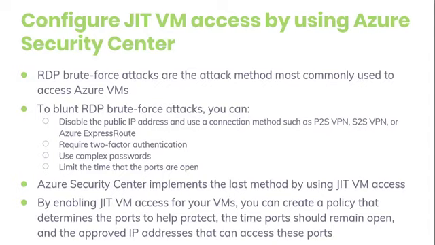This is not the most sophisticated form of attack, but it's relatively simple to perform and, given enough time, it works. To prevent the Remote Desktop Protocol brute force attack, you can take multiple measures such as disabling the public IP address and using one of these connection methods: point-to-site VPN, site-to-site VPN, Azure ExpressRoute.